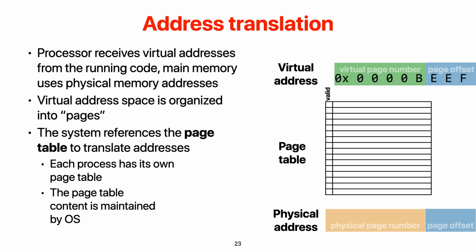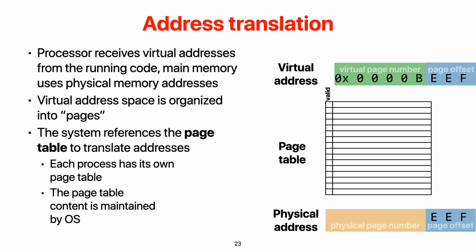The naive translation requires you to separate the page offset, which is related to your page size, and then use the remaining bits as the input to look up the corresponding entry in the page table.